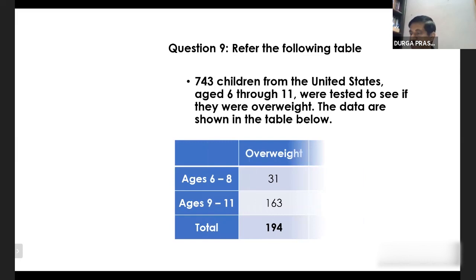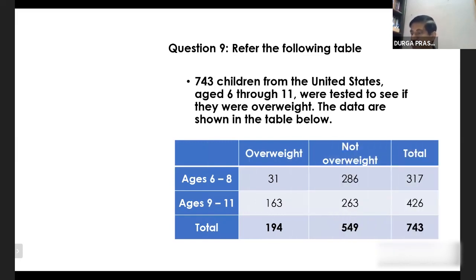Let's go to the next question. Question 9, you should refer to the table given below. Weights of people, overweight and normal, of the children is given as 743 children.